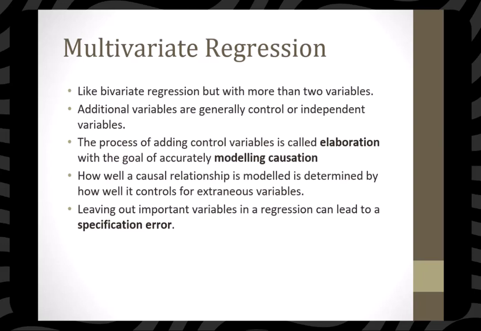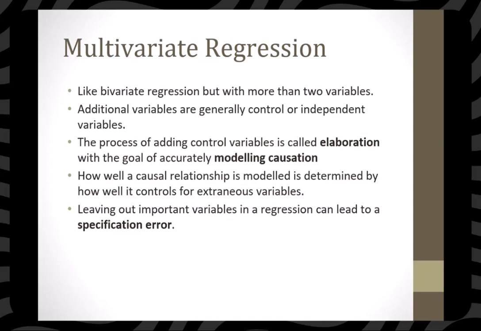Did you study throughout the semester? Did you attend class regularly? All these things are going to affect your grade on the exam, not just the amount of time you spent studying. And so what we want to do with multivariate regression, more than two variables, is as accurately as possible, model all the things that could be causing a change in your final score.